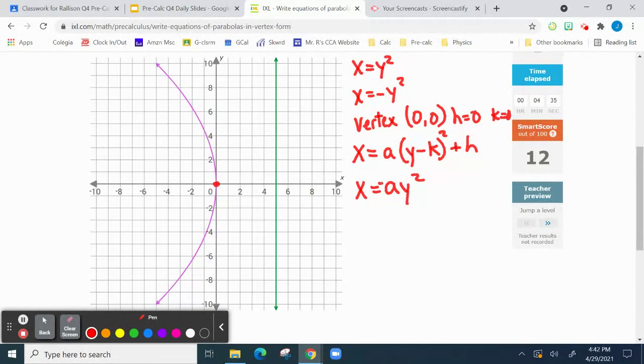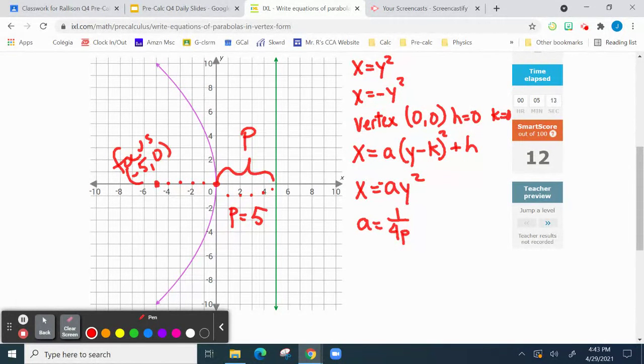And here's our, remember that a equals 1 over 4p, right? And this is p. So p equals 1, 2, 3, 4, 5. p equals 5. If you were asked to find the focus, you would just go the other direction, 1, 2, 3, 4, 5, and there would be the focus at -5, 0.